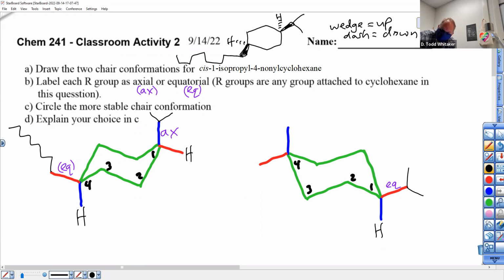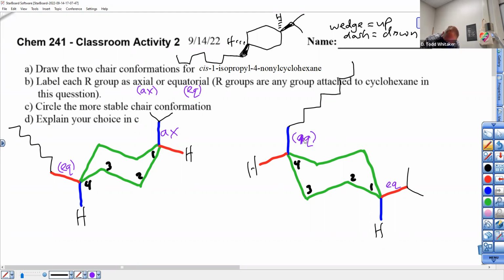Up stays up, down stays down, equatorial becomes axial. So why was I drawing it on the equatorial? Equatorial becomes axial. That's this one, right? 2, 3, 4, 5, 6, 7, 8, 9, and H. Oh boy.